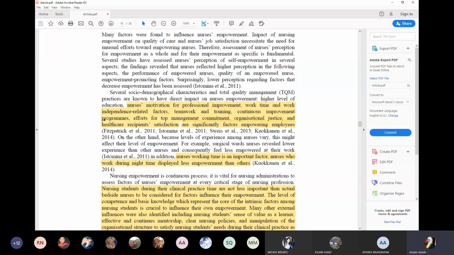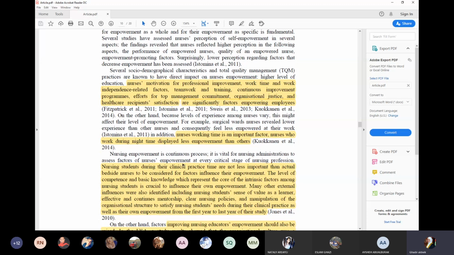And work independence related, for example, autonomy, teamwork, training, continuous improvement process, efforts from top management commitment, organizational justice and fairness, and healthcare recipient satisfaction are significantly factors empowering employees. So those are issues related to clinical nurses.